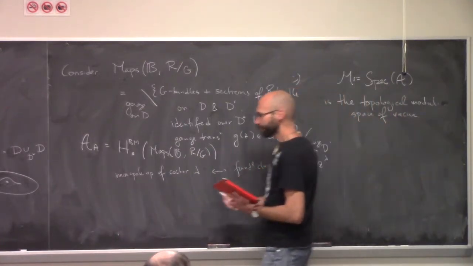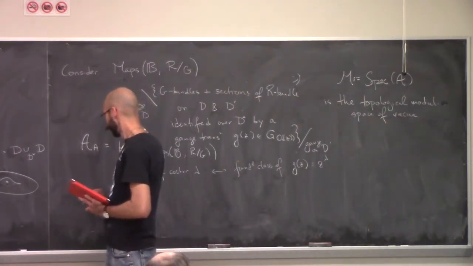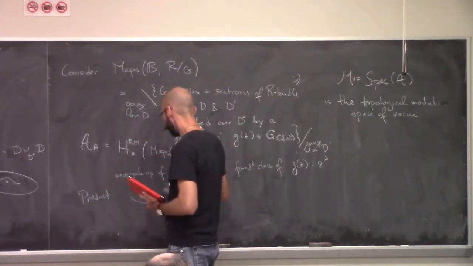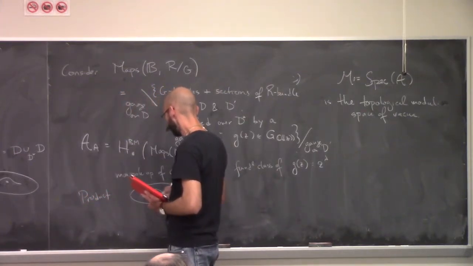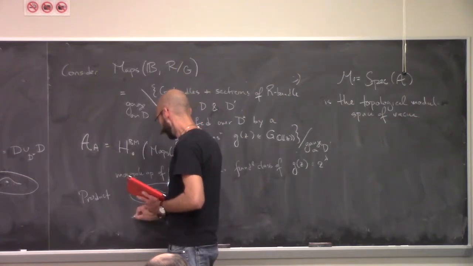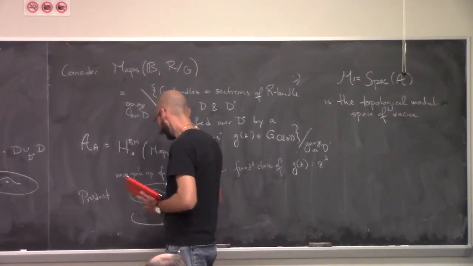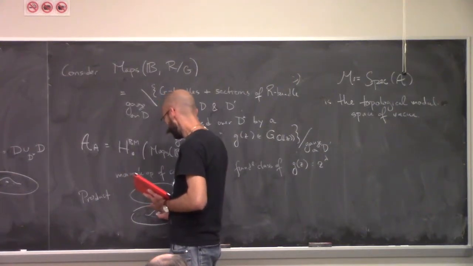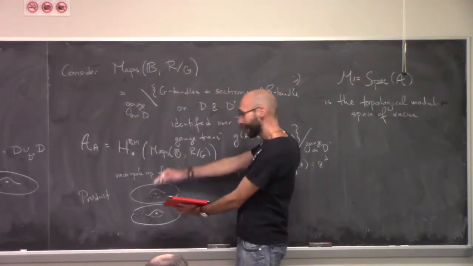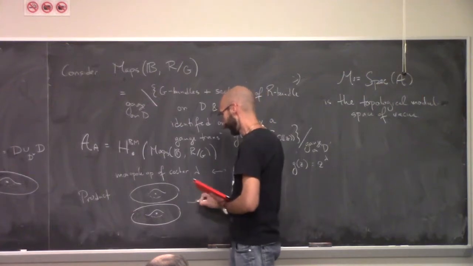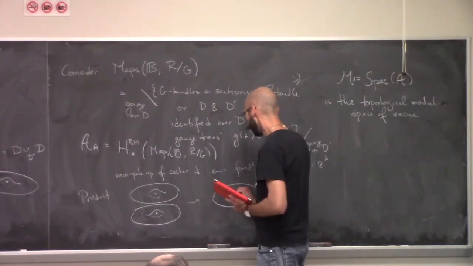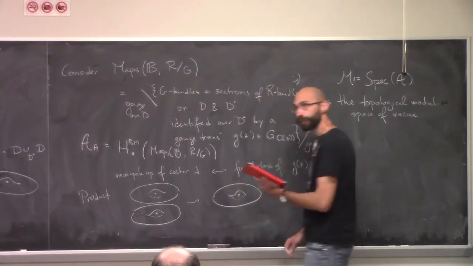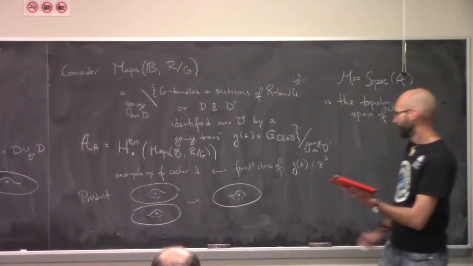The product is convolution. In other words, if we want to multiply two of these local operators, we should collide them, which means stacking the disks. And that induces a convolution product in cohomology.